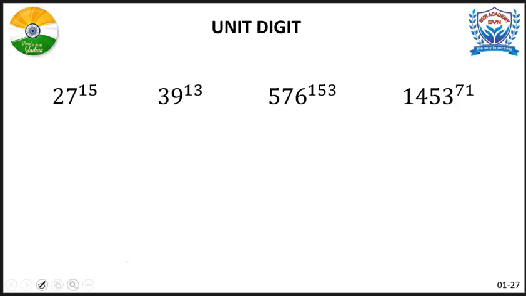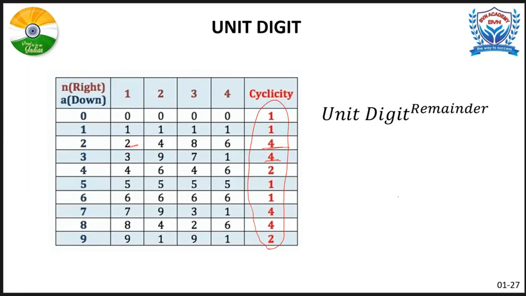Cyclicity is nothing but, when any number is raised to a power, whatever comes in the unit digit, we list it down, and we see after how many such powers that unit digit gets repeated. That is called cyclicity.